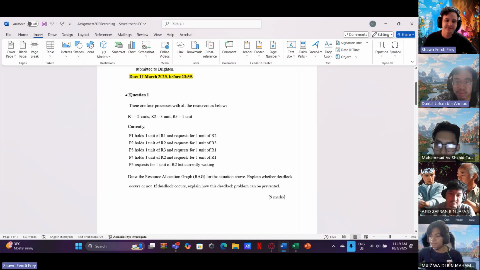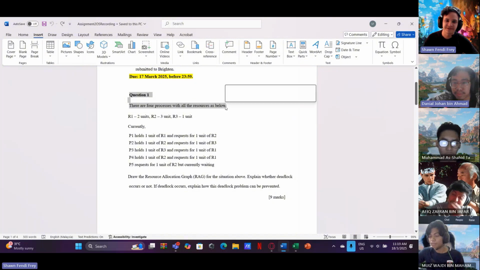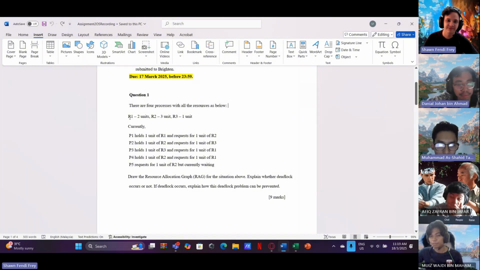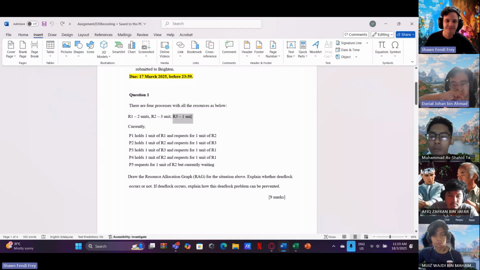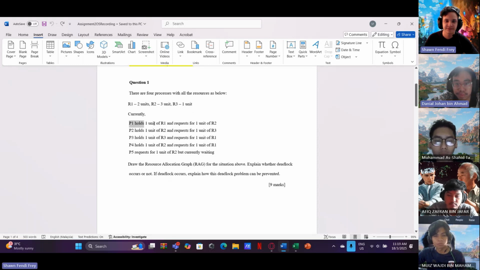Now we're going to start with question 1. There are 4 processes with resources as below: R1 with 2 units, R2 with 3 units, and R3 with 1 unit. Currently, P1 holds 1 unit of R1 and requests 1 unit of R2. P2 holds 1 unit of R2 and requests 1 unit of R3.